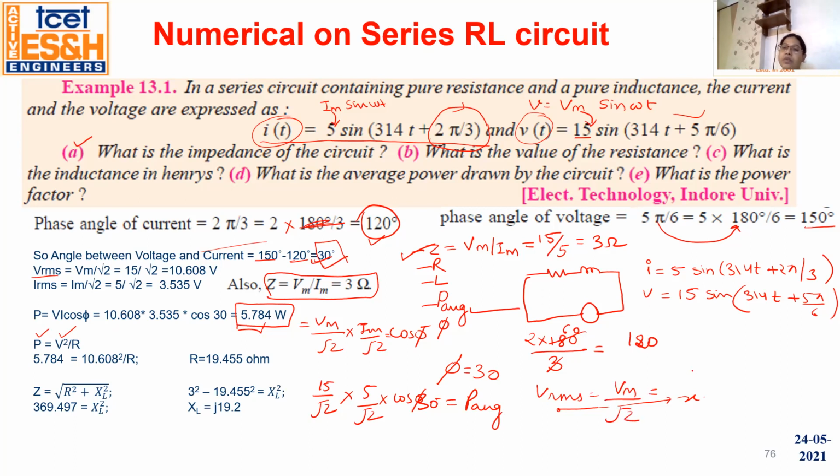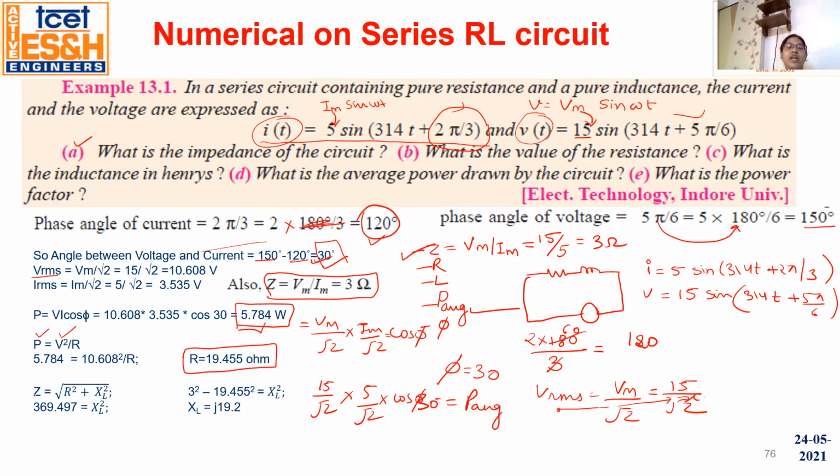Vm is 15, so 15 by root 2 gives 10.608. So 10.608 square divided by R. From here you will find out the R. R is equal to 19.4 ohm.